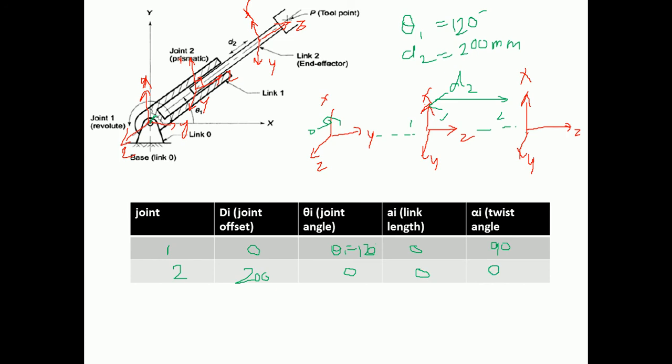In such a manner we find these different parameters with the help of the DH principal frames and DH parameters, for the final tool point or end effector point. Now with the help of these DH parameters, we find the final homogeneous matrix.